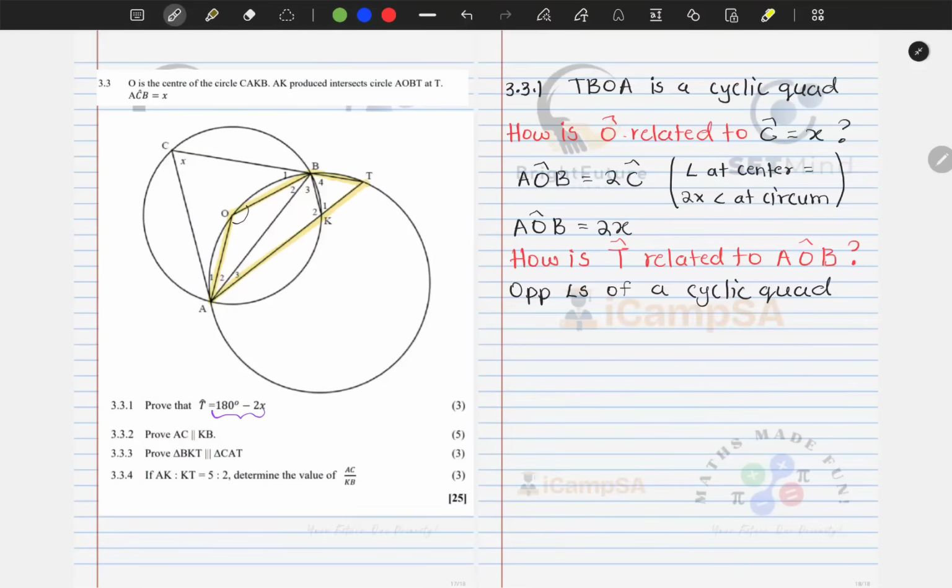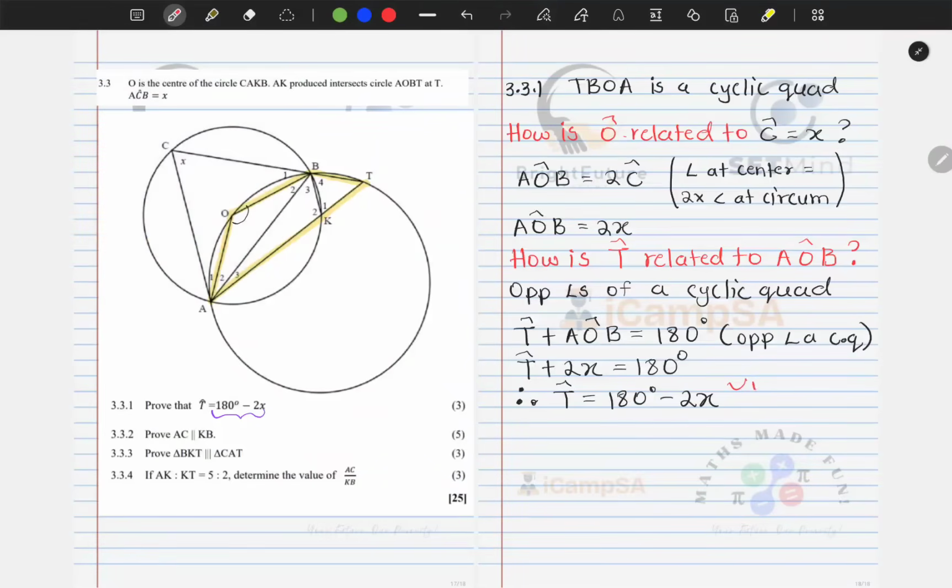What it means is that angle T plus angle O should be equal to 180 degrees. They are supplementary. So we know that angle O is 2x, which means we have angle T plus 2x equals 180 degrees. And therefore, when you transpose, angle T is the same as 180 minus 2x. And this here is what your teacher is looking for.